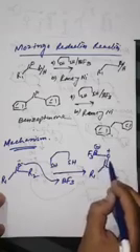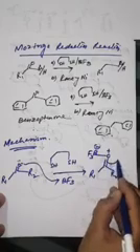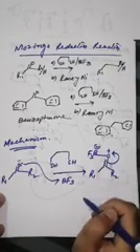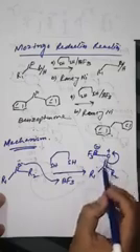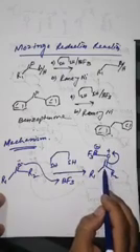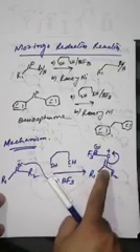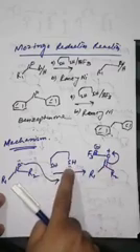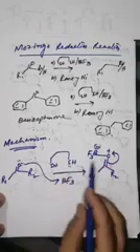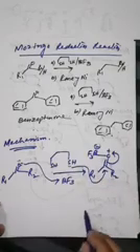Now when this pi electron density moves over here, this oxygen will have no more charge, but this carbon will get a positive charge. It will act as a strong electrophilic center, and this SH thiol group will attack on this carbon.